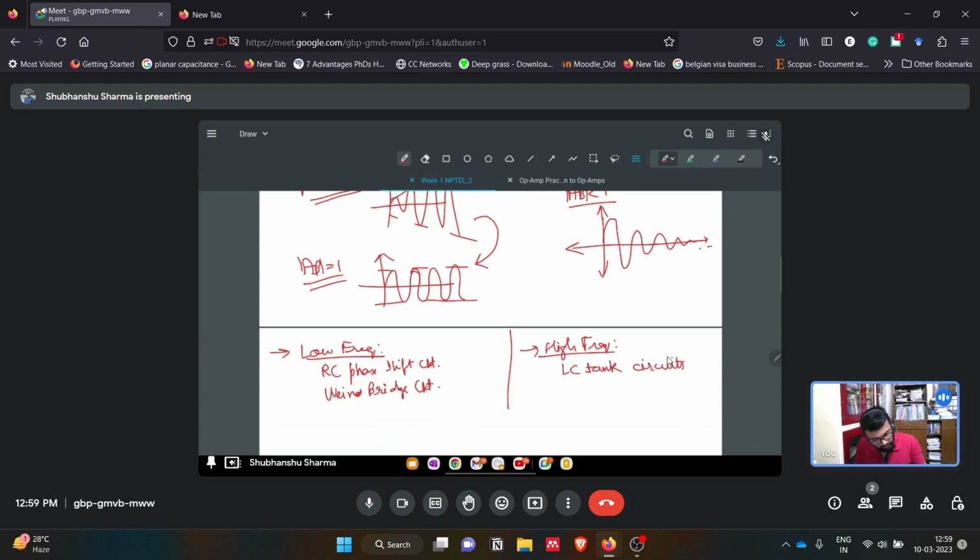In that we have the Hartley oscillator, and then the Colpitts oscillator. So based on the frequency requirements, we can realize these circuits either as RC type circuits or as LC tank circuits.